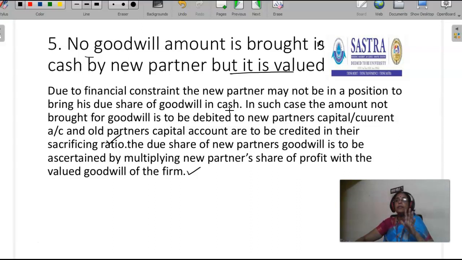One thing you should remember clearly: the amount which is brought for goodwill is premium. That premium amount is paid to the old partners to the extent of the sacrifice which is made by them. For the sacrifice made by the old partners, he brought cash.